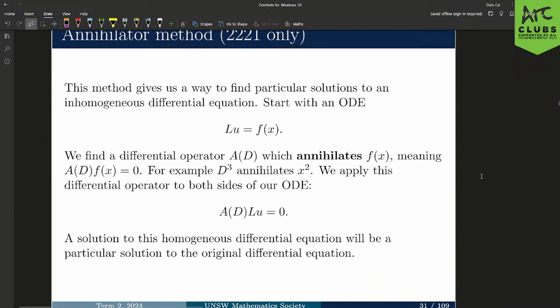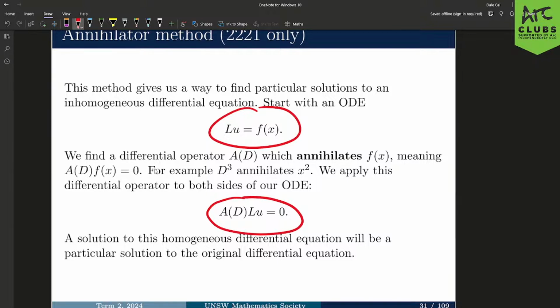Now there's a really cool named method, the method of annihilators. If we have an inhomogeneous differential equation, and we can find a differential operator that annihilates f of x, which means a way to differentiate it that makes it 0, then we can apply it to both sides and end up with a homogeneous differential equation.